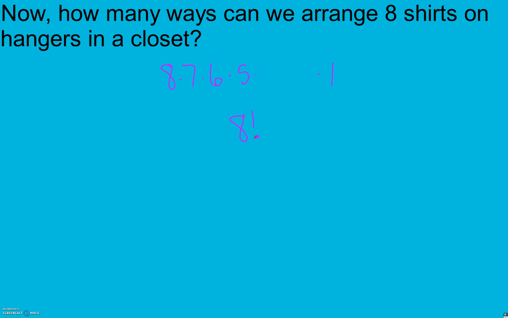Again, 8, PRB, shift over twice, press enter, and enter again. And we're going to get 40,320. If we don't have that key available, if you can't find it on your calculator, we can just multiply 8 times 7 times 6 times 5 times 4 times 3 times 2 times 1. And I got to the same place. It's more time consuming, but until we find that key, that is an option.